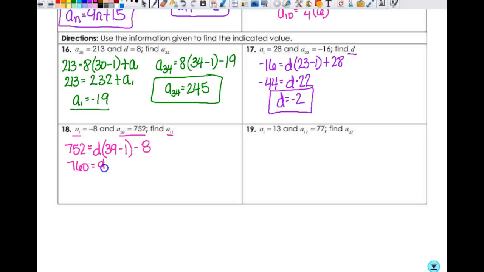That's equal to D times 38. I divide both sides by 38. The common difference is 20. So now I can find A11. A11 is equal to the common difference times N minus 1 plus A1, or minus 8. So A11 is 192.